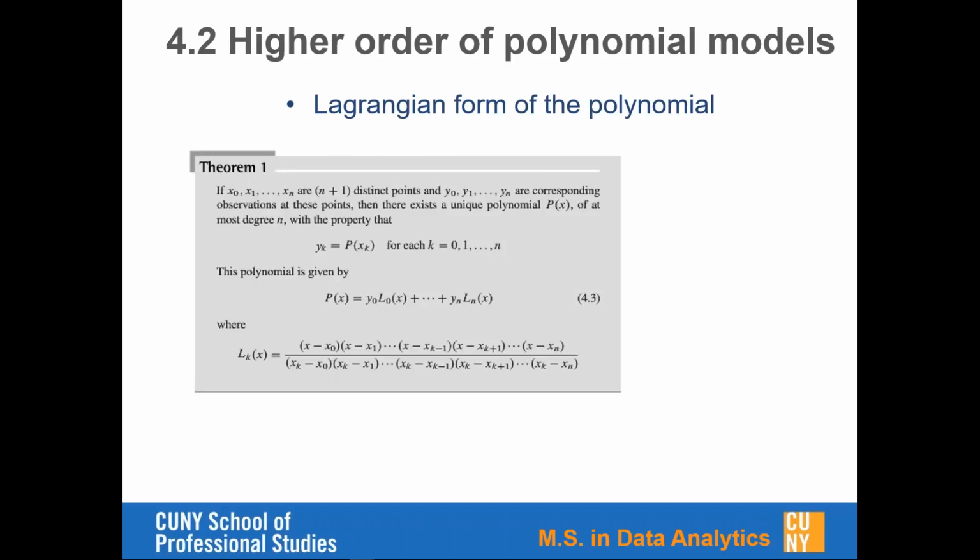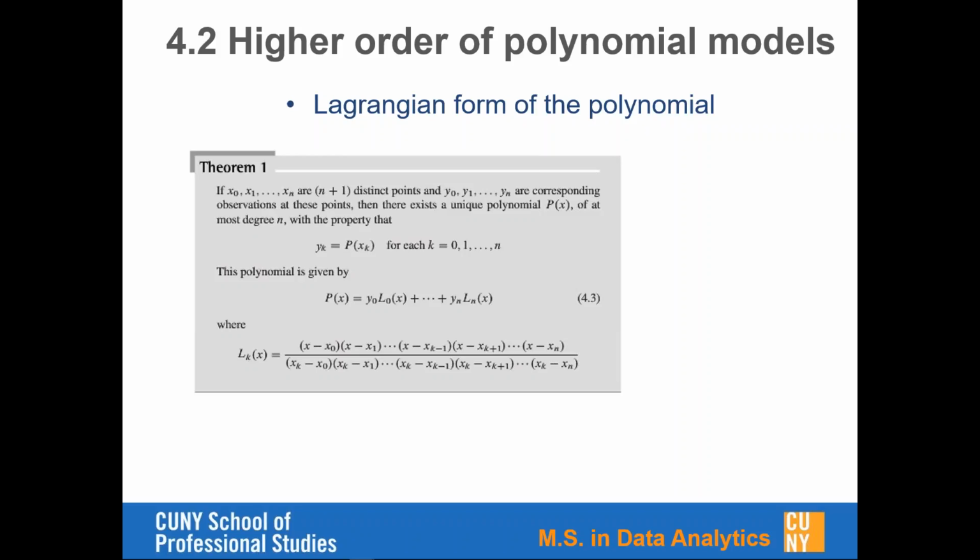Okay, this is interesting that we introduce a new thing. It's called the Lagrangian form of the polynomial, which is based on the initial observation of the data you want to fit, a unique polynomial of at most degree n with a certain property, and this polynomial is given by 4.3, this particular function form.